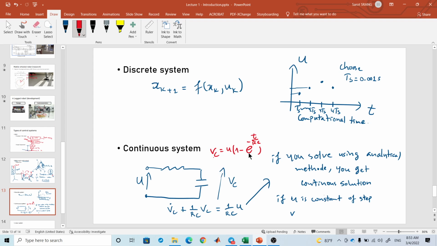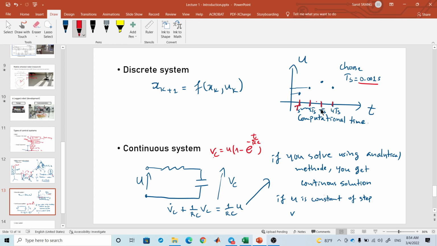t. But for discrete, once you choose the sampling time Ts, 1 millisecond here, 2 millisecond here, 3 millisecond here, 4 millisecond here, you never get the exact value of u at the time 2.5 millisecond.